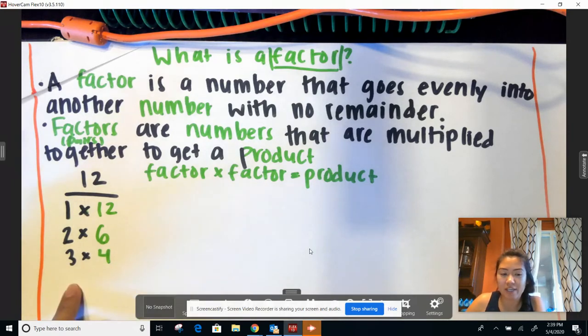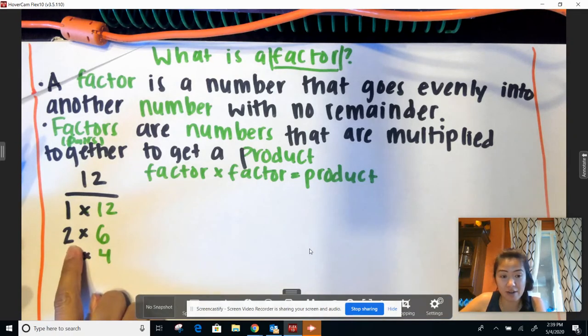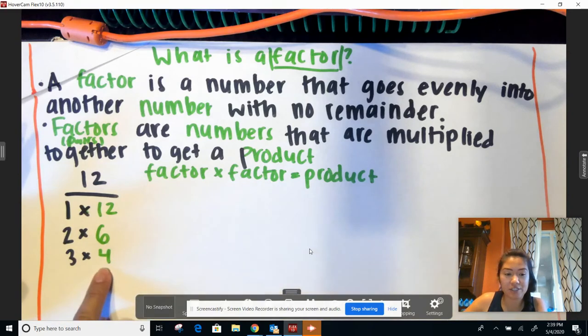Okay, so I could just show you that really quickly. If I did 4, of course, that would go in 4 times 3. 5, 5, 10, 15. Nope, doesn't go into 12 evenly. 6, 6, 12. Oh, look at that. I already have that. See how it's already repeating? Once this number is going to be your next number, you're done.